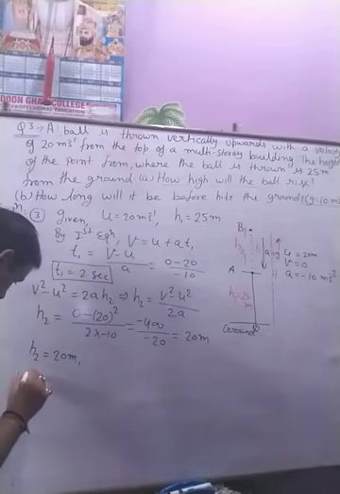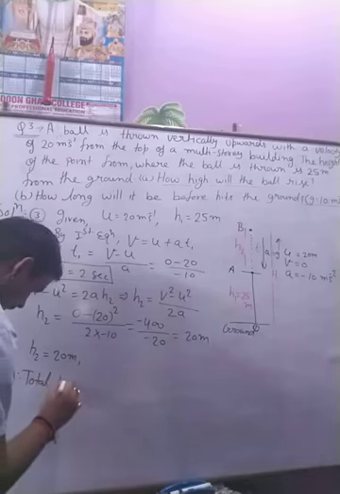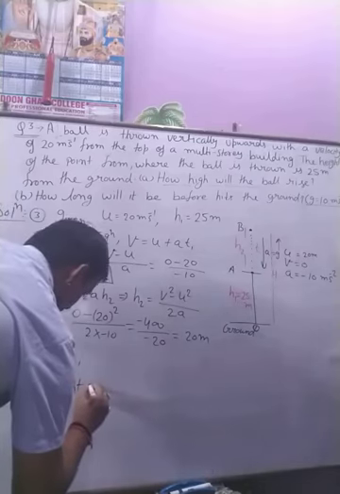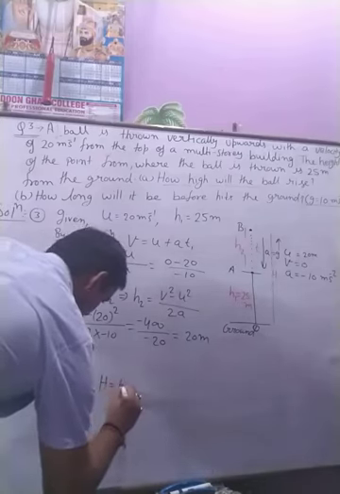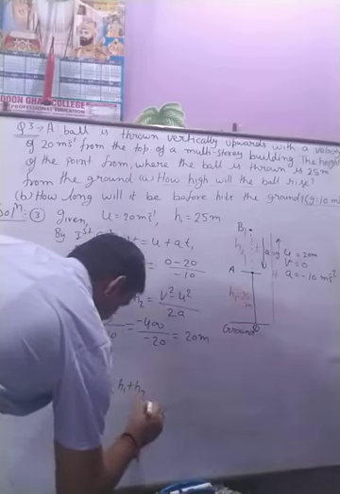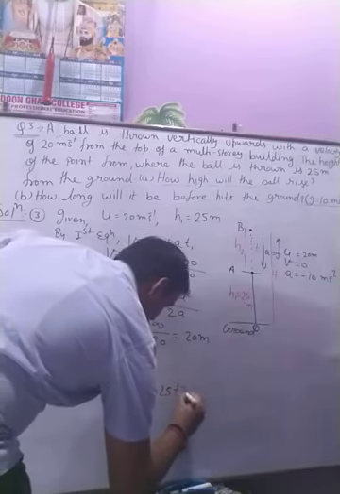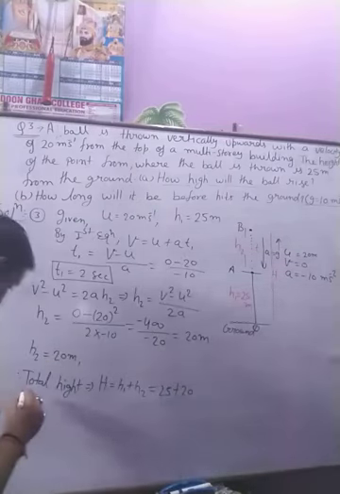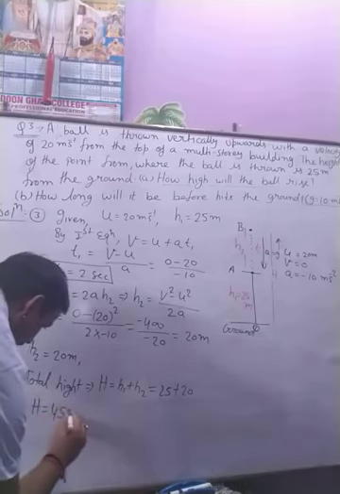Therefore the total height capital H is equal to h1 plus h2, which is 25, which is given, and 20 meter rise, so capital H is equal to 45 meter.